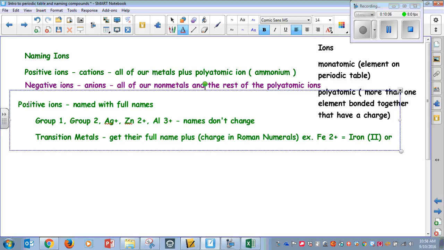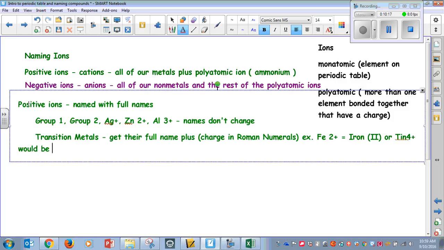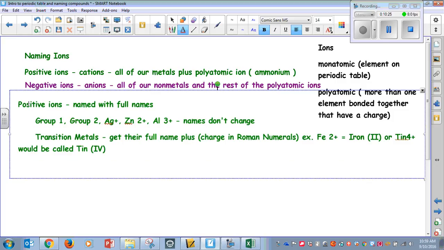Or say, for example, I had tin with a 4 plus charge, then that would be called tin 4. And then we have ammonium, which is just ammonium. And you know ammonium is NH4 plus 1.